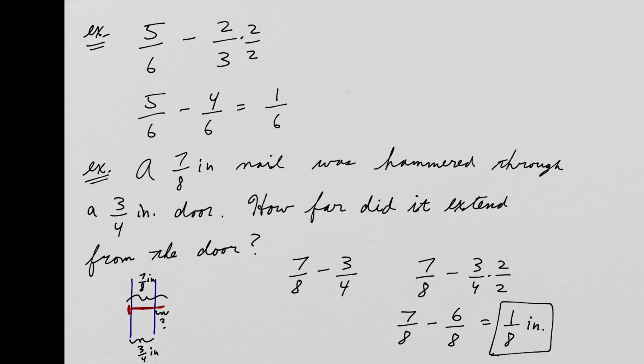Now let's talk about adding and subtracting mixed numbers, which is very similar. There's a couple of ways that we can do this. So let me write this out here. We'll start with adding mixed numbers.